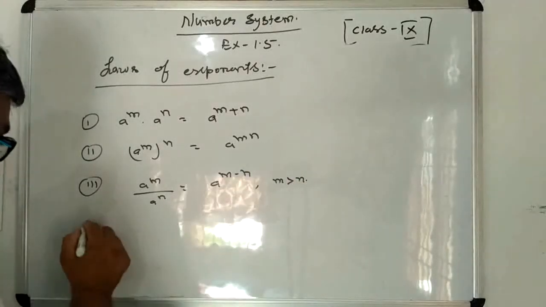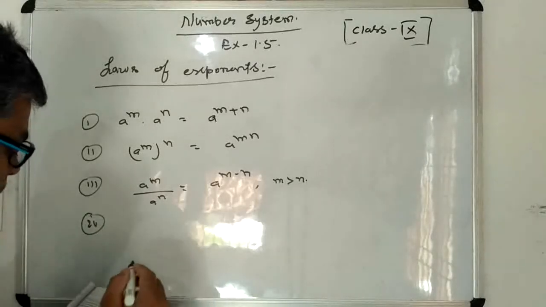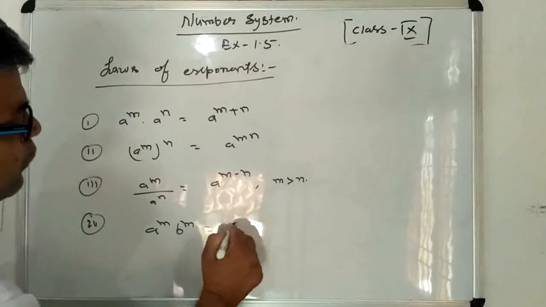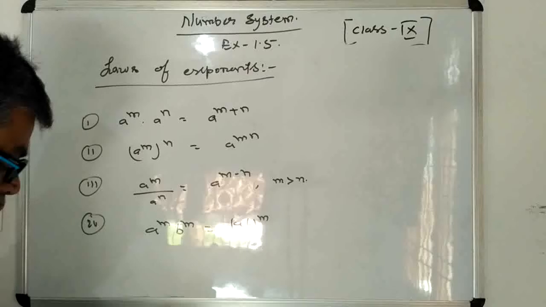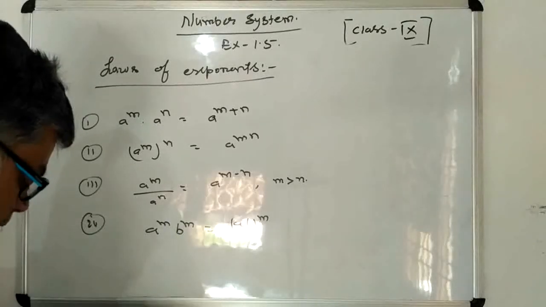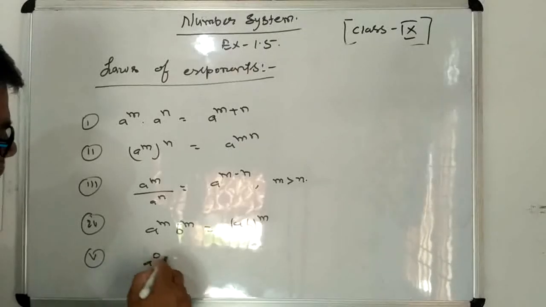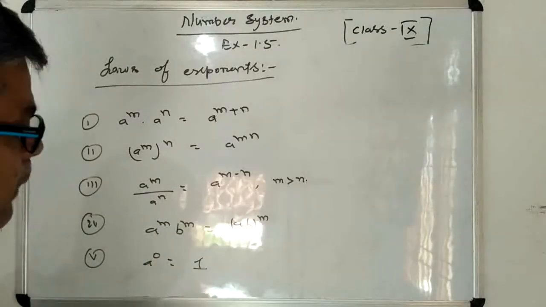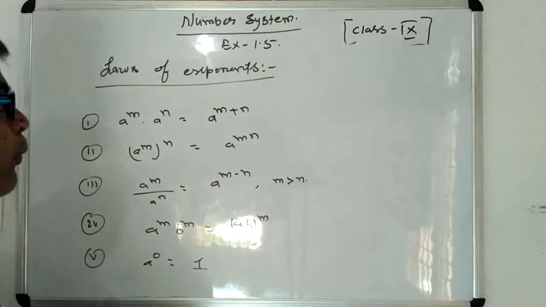The fourth one is, a raised to power m times b raised to power m can also be written as ab whole raised to power m. And you know that the power 0 of any real number is always 1, which means a raised to power 0 equals 1.